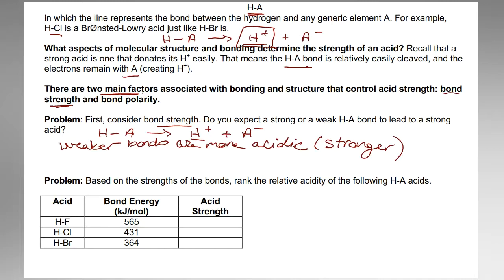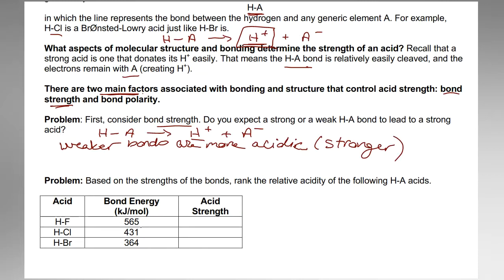And what you see is the HF bond is strongest. Highest energy corresponds to the strongest bond. That's the energy you would have to put into the system in order to break that bond. And acidity, we've just seen, is stronger for weaker bonds.